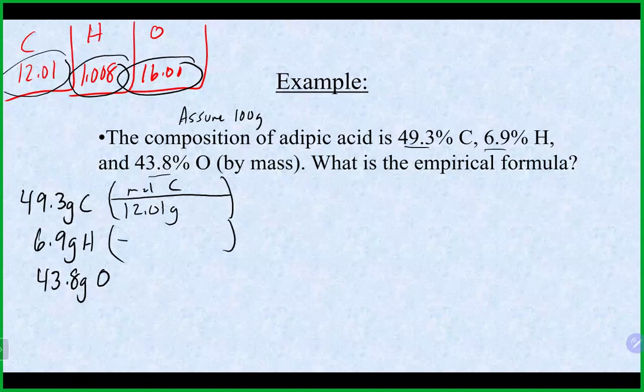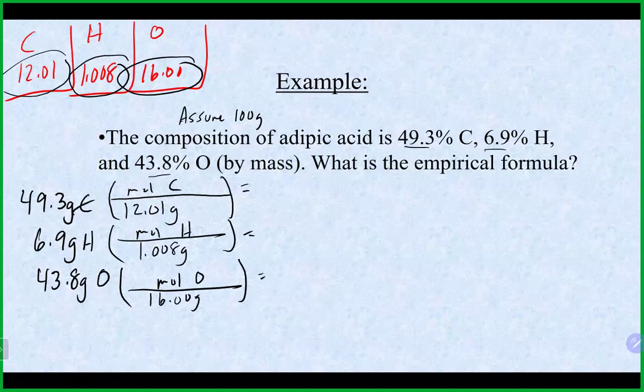Hydrogen is, from the periodic table, 1.008 grams per mole. And oxygen is 16 grams per mole. Again, I'm going to put the grams of everybody on the bottom. That way, every gram there cancels basically. And we're going to be left with the moles of each of these. Yes?